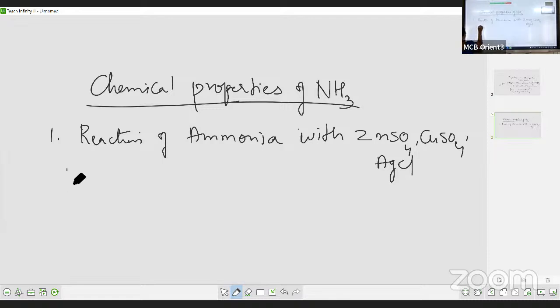So first is the reaction of ammonia with ZnSO4.